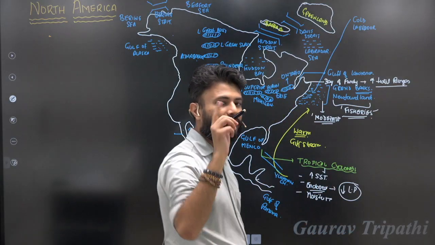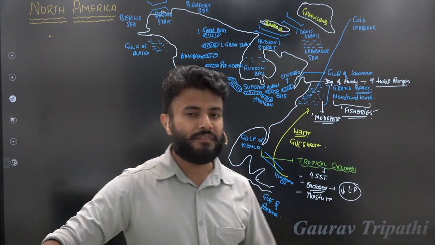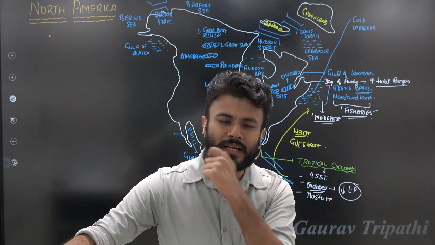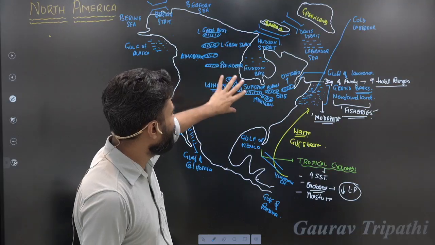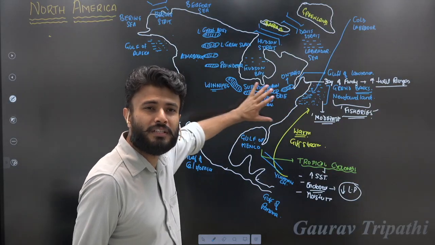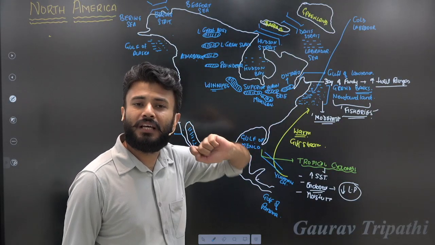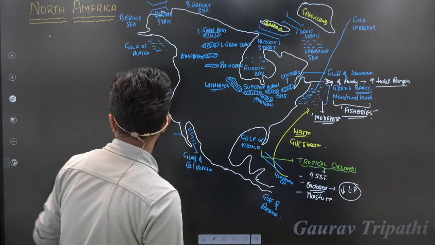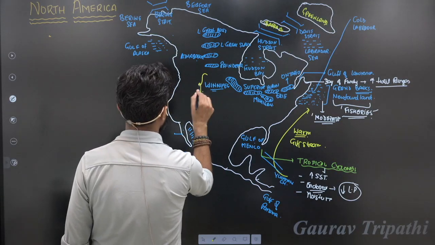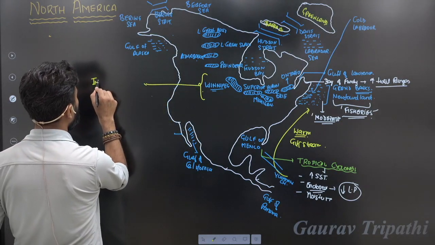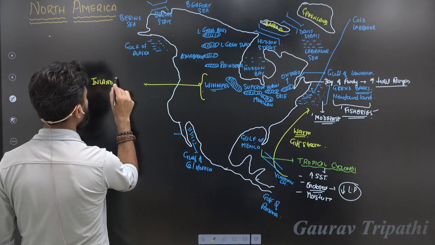Now, why these lakes are important? They have given a very unique advantage to US, because US has developed all these lakes. All these lakes are interlinked with the help of canals, which has in turn led to the development of extensive inland waterways.